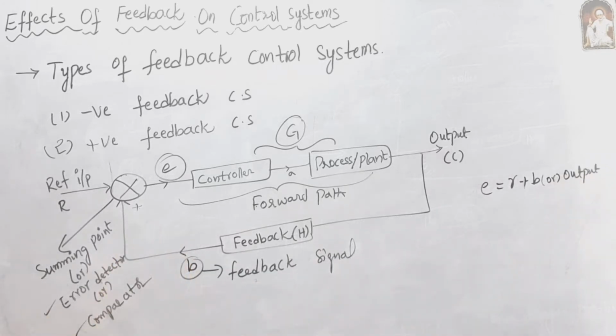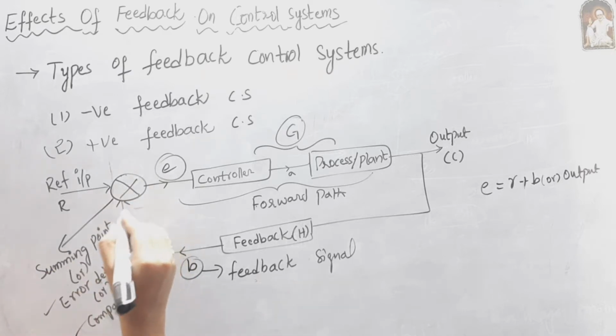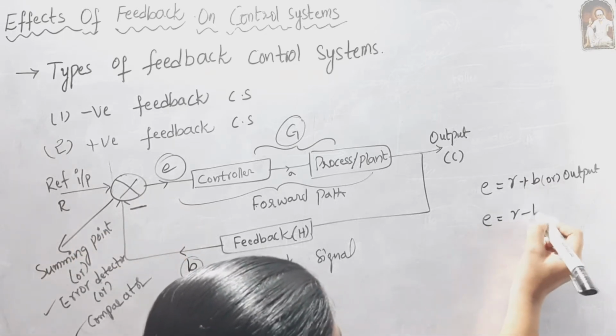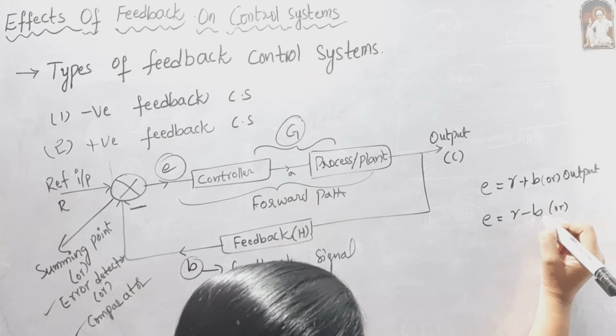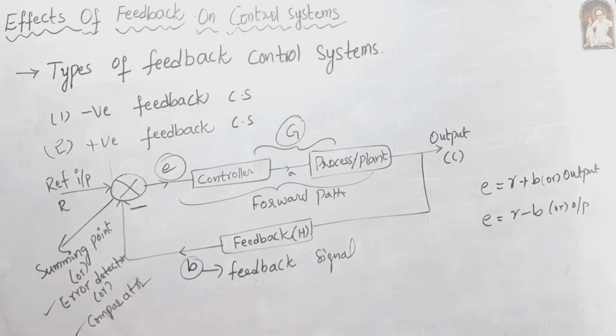Coming to the negative, if I consider feedback as negative, then the error signal equals R minus B, or in place of B we can write output. When a comparator acts as a subtractor, we can say it is a negative feedback control system.